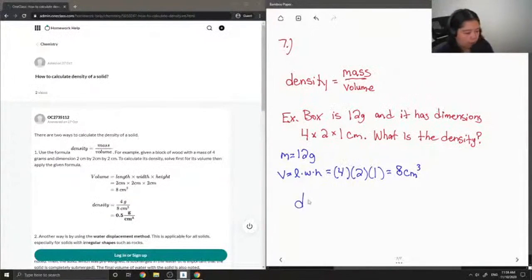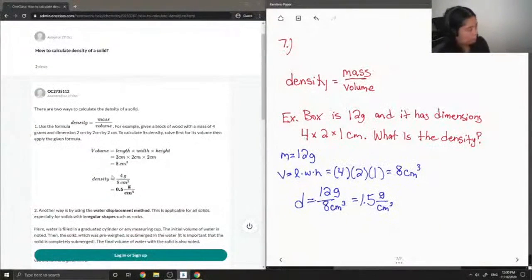So to calculate density, it's mass divided by volume. So 12 grams divided by 8 centimeter cubed gives us a density of 1.5 grams per centimeter cubed.